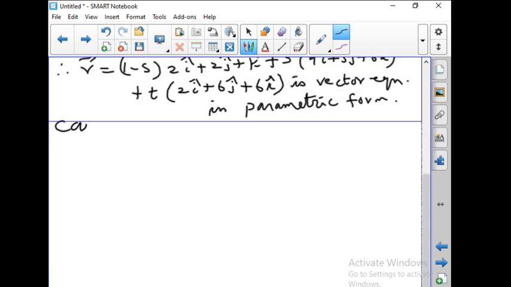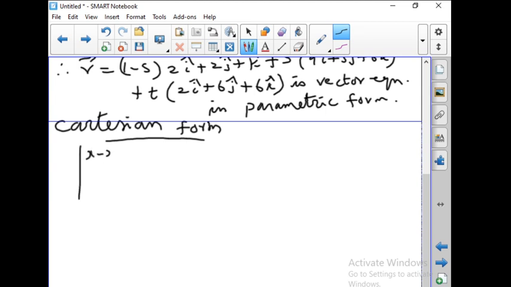So for the Cartesian equation, see here we have written a vector, b vector, c vector; that is important, that carries marks, so don't leave that. Okay, it carries marks. So what about the Cartesian form?